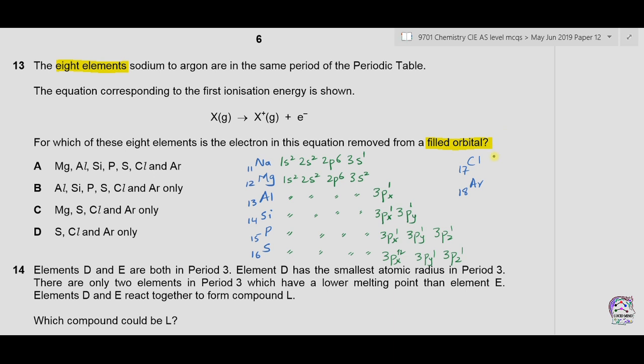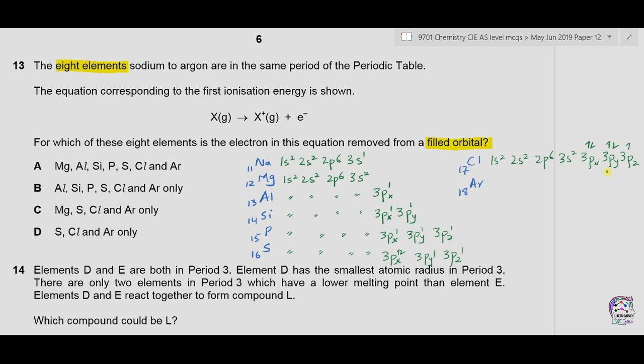For chlorine we can write 1s2, 2s2, 2p6, 3s2, 3px, 3py, 3pz. So 6 and 4, 10, into 12, we have 12 electrons, 13, 14, 15, then we will start pairing 16 and 17.